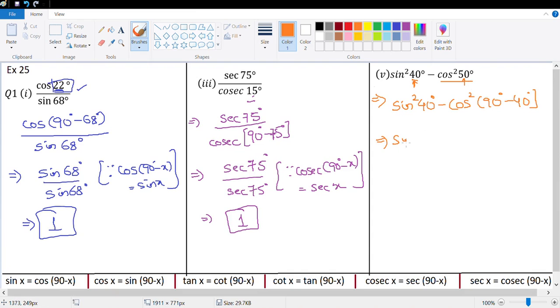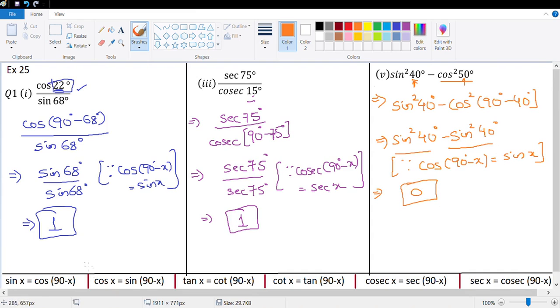So this becomes sin square 40 degree minus sin square 40 degree. Reason for this is since cos 90 degree minus x is equal to sin x. So this is sin square 40 minus sin square 40 is equal to 0.